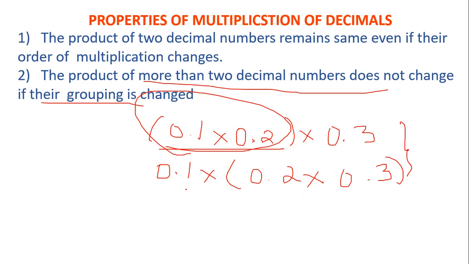In the second one, I made a group of 0.2 and 0.3. This two numbers product I will multiply with 0.1. Here I made different groups. Then also we will get the same product. That is the meaning of property number 2.